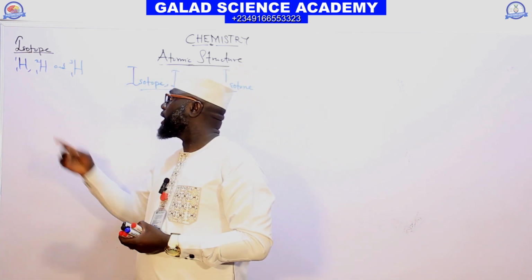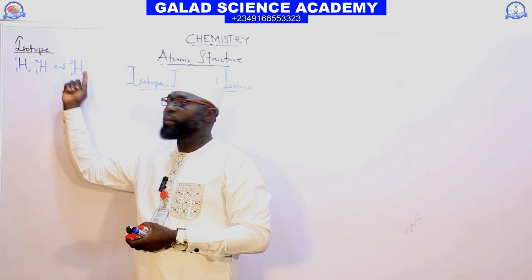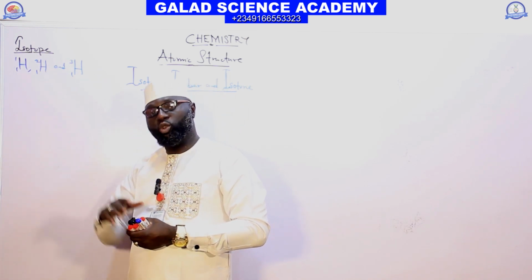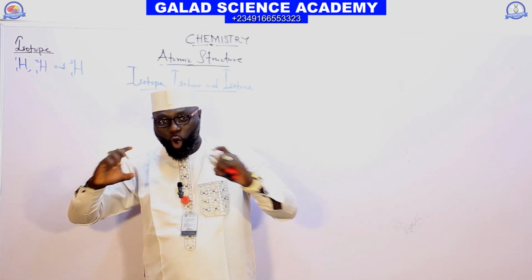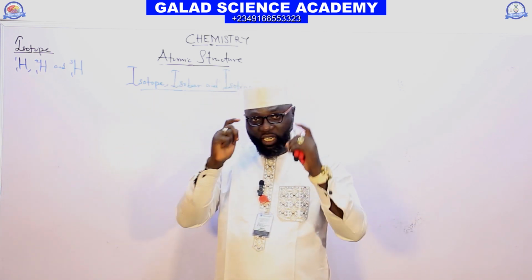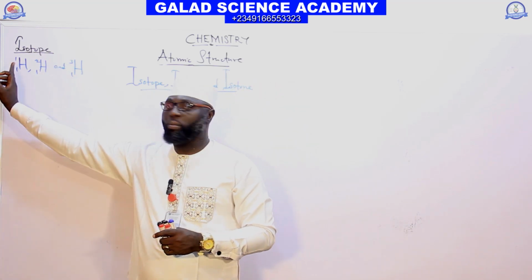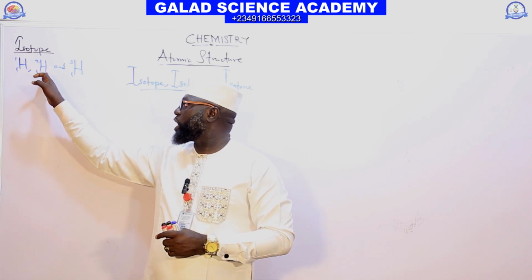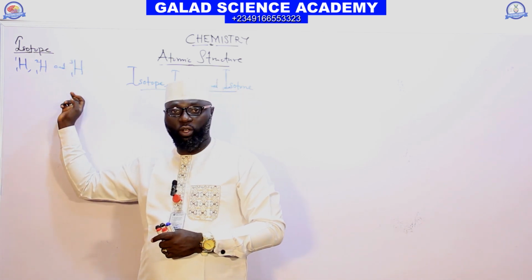The three of them have the same atomic number 1, 1, 1, but their mass numbers are different. So isotope is the phenomenon that occurs between two or more atoms of the same element having the same atomic number but different mass number. These are called protium, deuterium, and tritium.